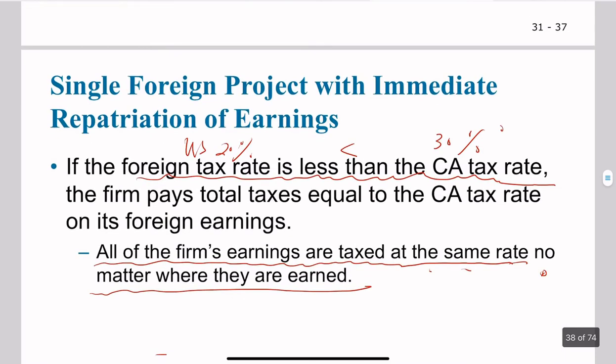Because we have seen that if the foreign tax rate is 20%, in the end, the firm needs to pay 30% domestic Canada tax rate. So basically, if a firm has a subsidiary in a foreign country, and if the firm decides to repatriate income from this foreign subsidiary, the best case it can get is the domestic tax rate, this 30% Canada tax rate, right? No matter what is the tax rate in the foreign country.